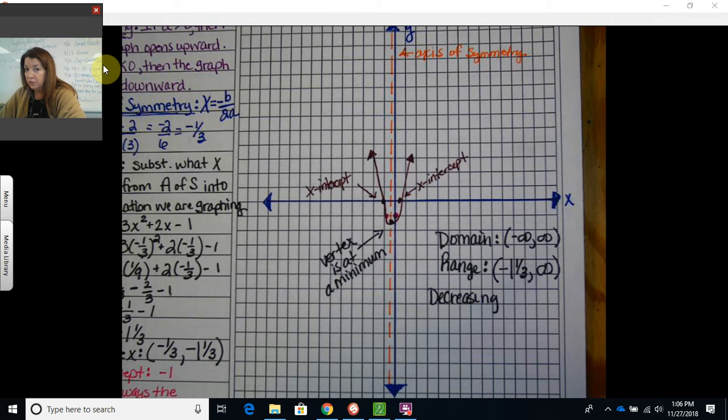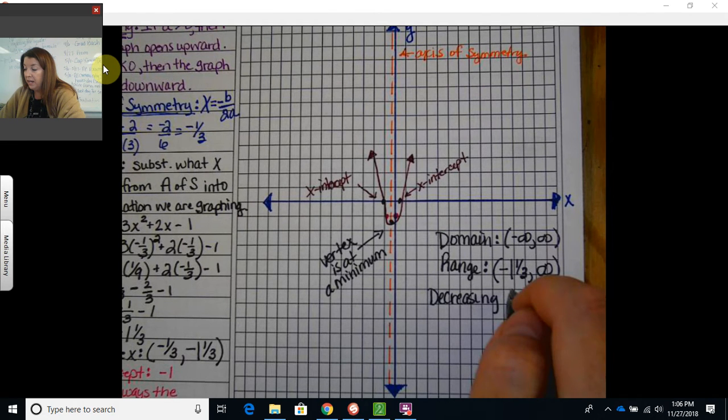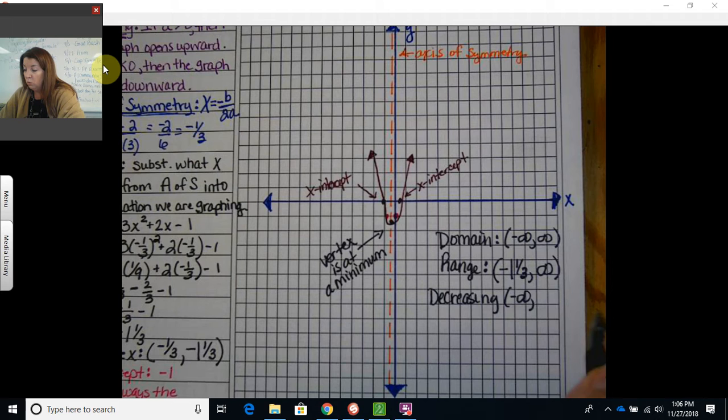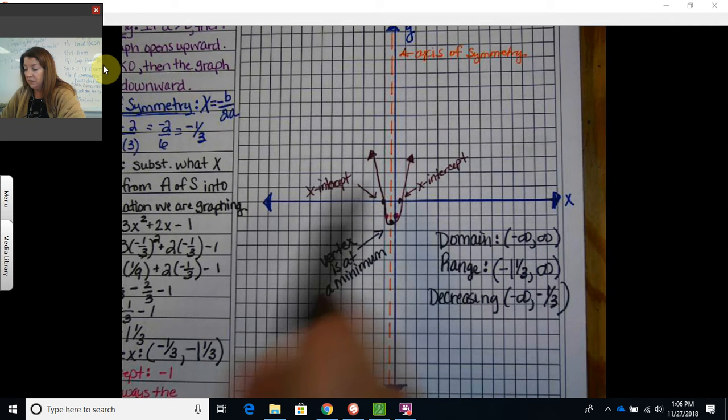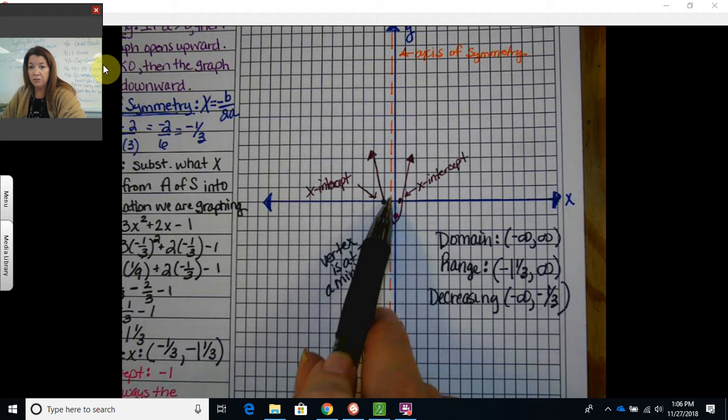In interval notation, where is that graph coming from on the x-axis? From negative infinity all the way to where does it stop decreasing? Negative 1/3. So from negative infinity to when x is negative 1/3, it's decreasing.